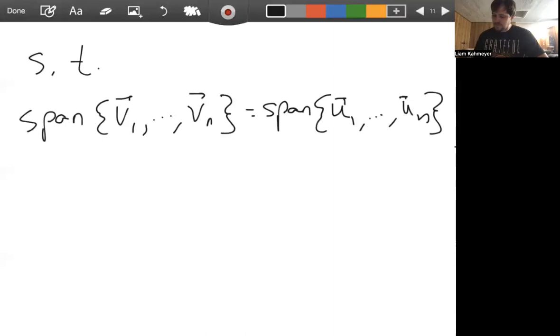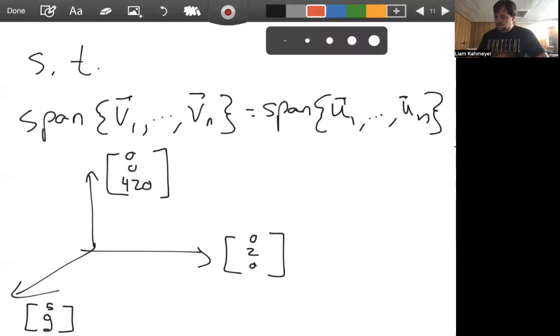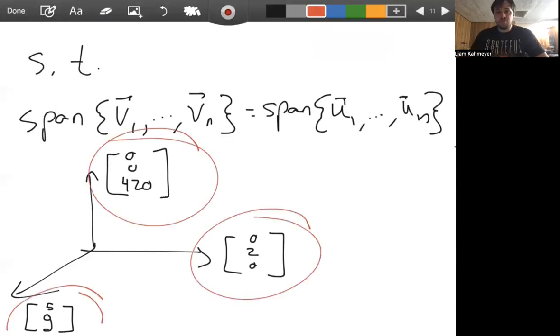If you'd like a small example, you could span R3 by, let's say, the vectors (5, 0, 0), (0, 2, 0), and (0, 0, 420), right? This would be a linearly independent spanning set for R3, but it's not very convenient, right? Because how you would measure length or angles or whatever would all be dependent upon multiples of these numbers.